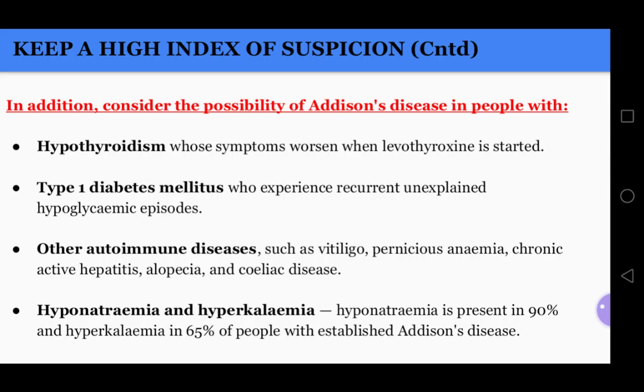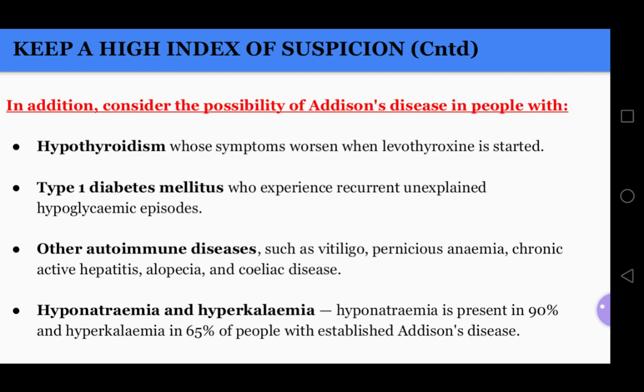In addition, consider the possibility of Addison's disease in people with hypothyroidism because symptoms of hypothyroidism worsen when levothyroxine is started if the patient also has Addison's disease. Then type 1 diabetes mellitus, if the patient experiences recurrent unexplained hypoglycemic episodes.